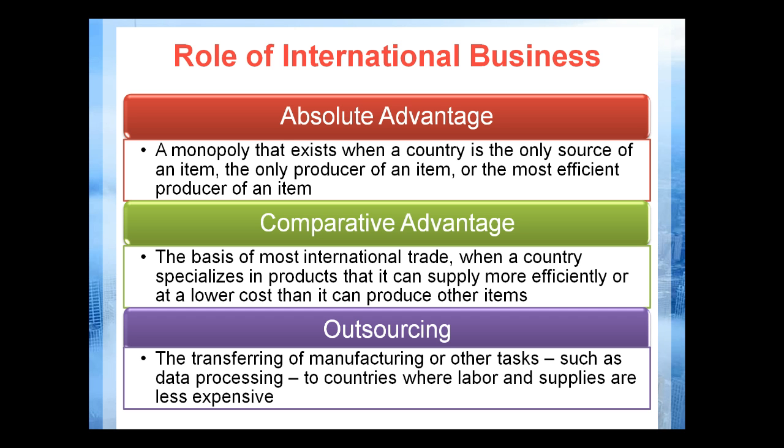Comparative advantage is what happens when a country specializes in a product, but it can supply it more efficiently or at a lower cost than other items. They can actually produce it like everybody else, but they do it in a far more efficient way and cheaper, quite frankly. Outsourcing is transferring your other tasks outside of your nation where supplies and labor are much more advantageous, meaning cost effective.